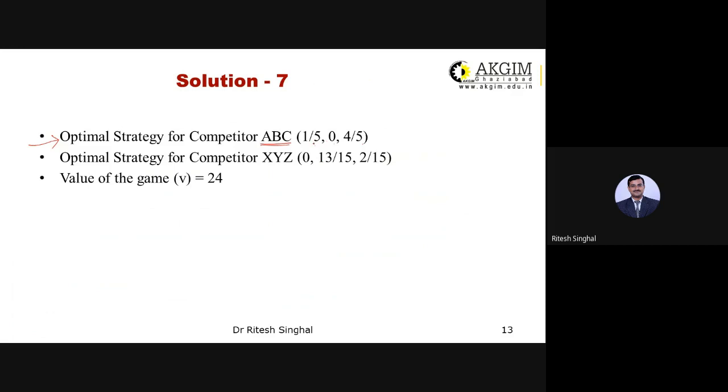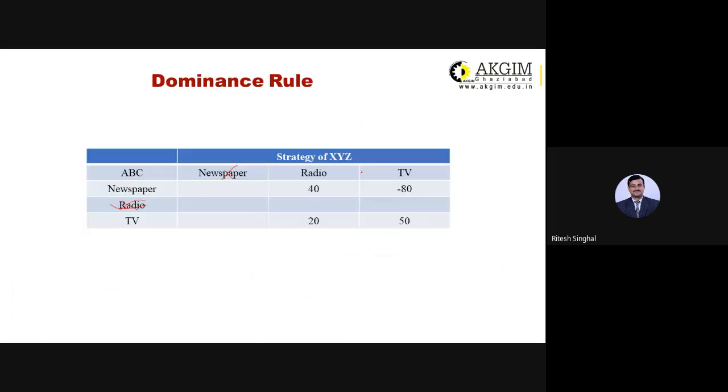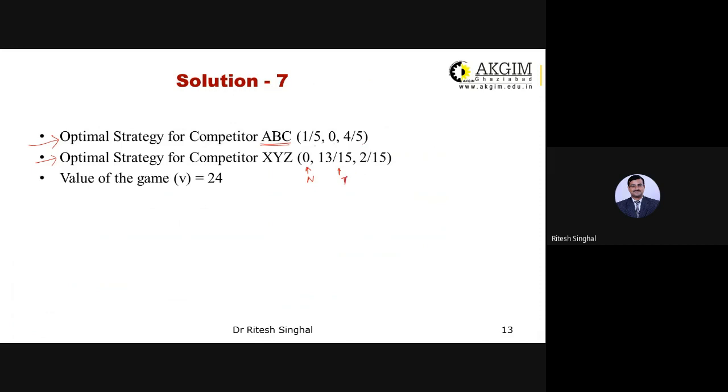So 1 by 5, 0, and 4 by 5 for competitor ABC. 0 is written for newspaper and television, radio and television. So this is nothing but the probability that out of 15 times, 13 times he should select the strategy for radio, and the remaining 2 times select the strategy for television. And the value of the game is 24.